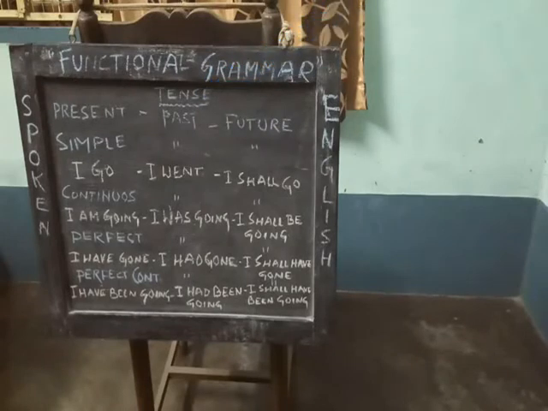My dear students, tense is very important to learn, because whenever you speak, you have to speak the language correctly. Whenever you write, you have to write the language correctly, and to frame the correct sentences, you need to know the tense.